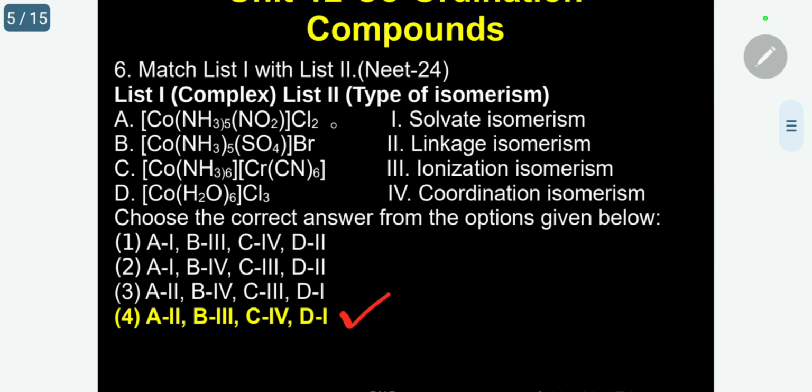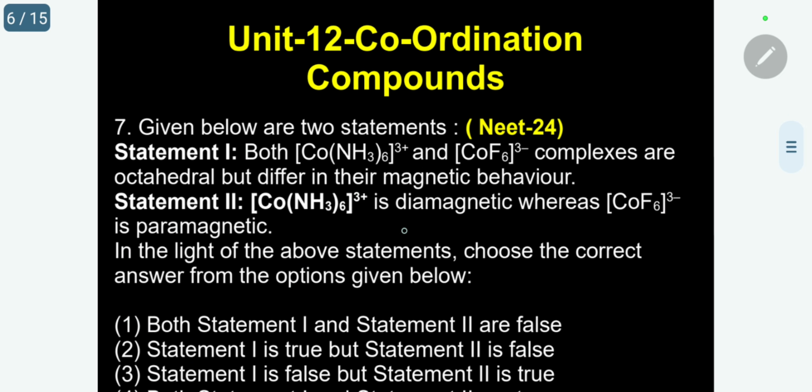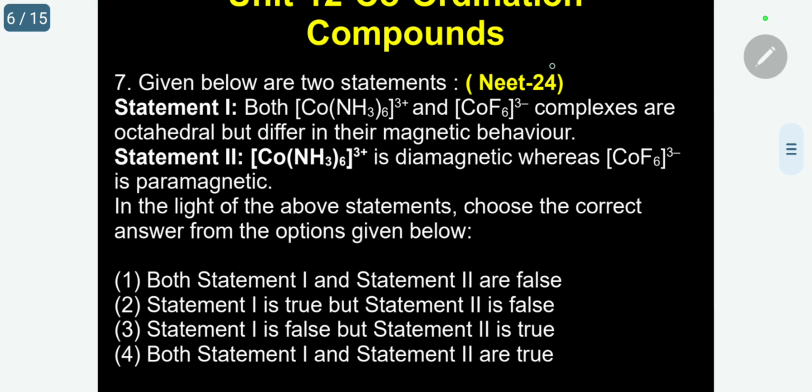So A2, B3, C4 and D1. So this is the type of isomerism. So the correct answer is A. Sorry, 4.